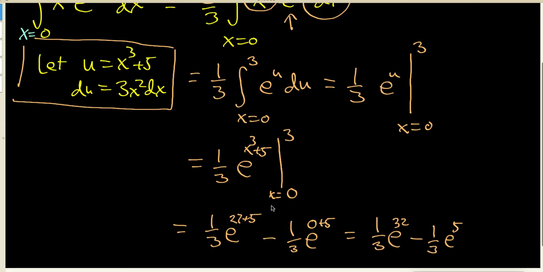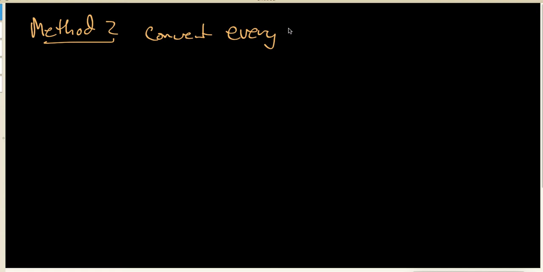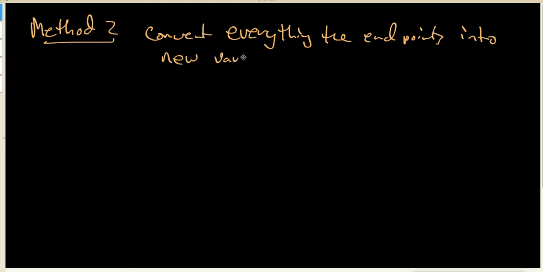The other method for doing a U substitution is to convert the whole integral into u's. So I want to introduce this as a second method. Method 2: convert everything, including the endpoints, into the new variable of integration.